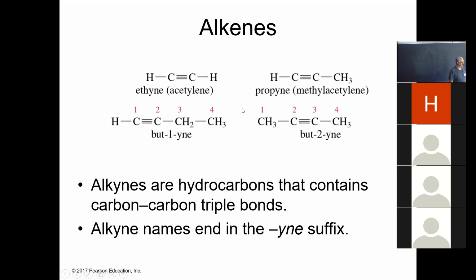And then, just like with the alkenes, okay, if we have anything longer than a 3-carbon chain, we need to specify the position of the triple bond. So this is but-1-yne. Okay, but indicates 4 carbons. The -yne is the suffix for an alkyne, a triple bond. And then the 1 indicates that the triple bond is between 1 and 2. So we have but-1-yne and but-2-yne.